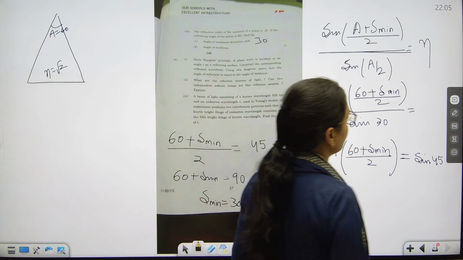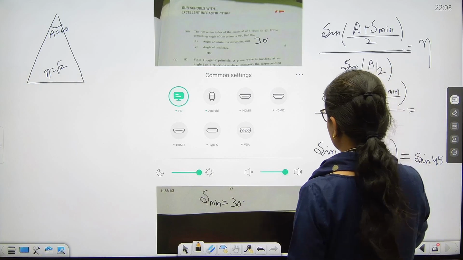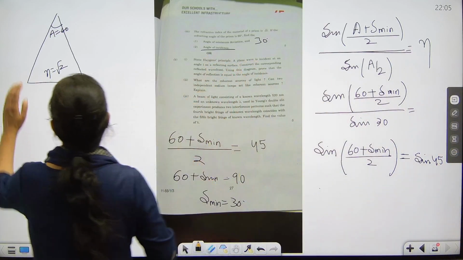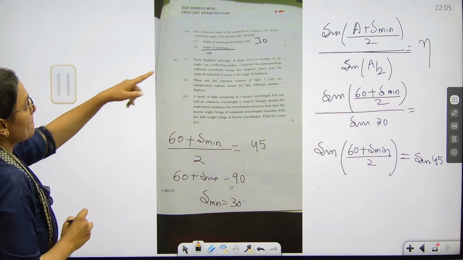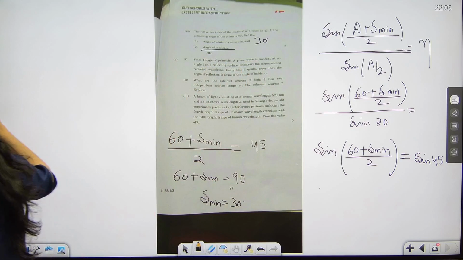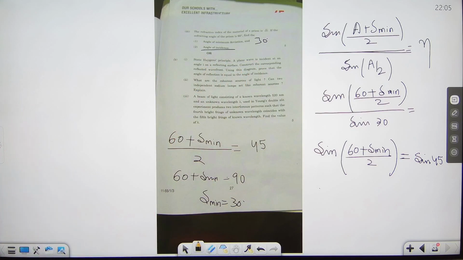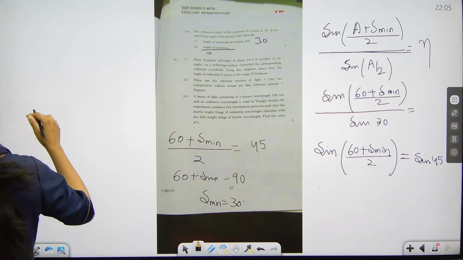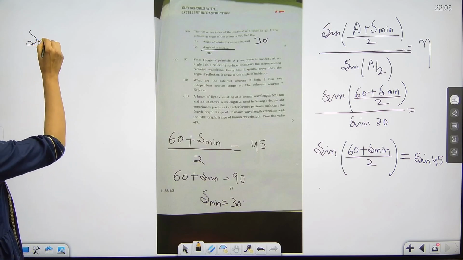Next we have this one. Angle of incidence. We have one formula for it, if you can remember it. The angle of incidence can be given as... I cannot remember any formula. Ma'am, you also have to remember the formula.